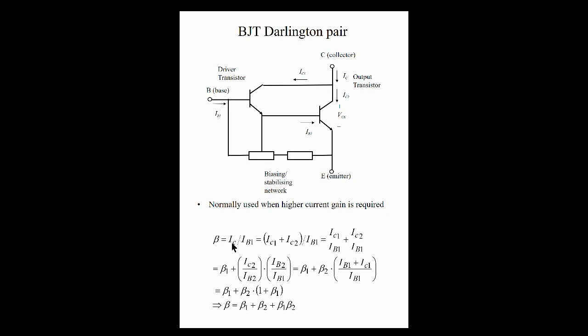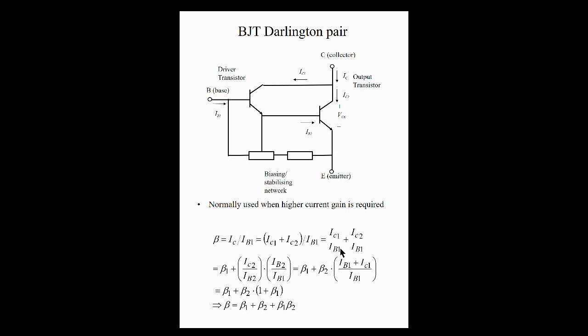So IC is equal to the summation of IC1 and IC2. All I'm doing next is to just break this up. So this is just IC1, the collector current on the first transistor, to IB1, and then we have the collector current on the second transistor, IC2, to IB1.